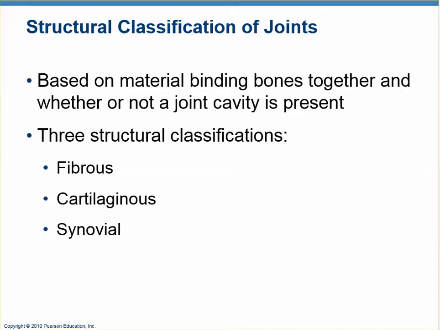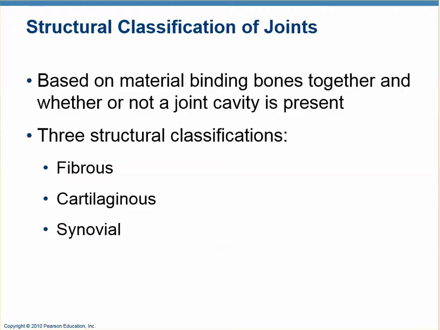So one of the ways that bones come together is that they're held together by fibers. And so obviously, because they're held together by fibrous connective tissue, these are called fibrous joints. And they're joints that are prone to being pulled apart, so they resist tension.